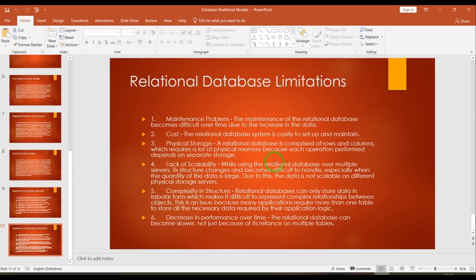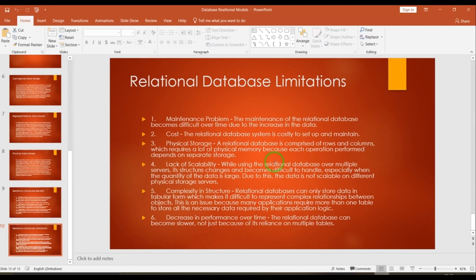Number 5, complexity in structure. What does that mean? Complexity. Relational databases can only store data in tabular form, which makes it difficult to represent complex relationships between objects.